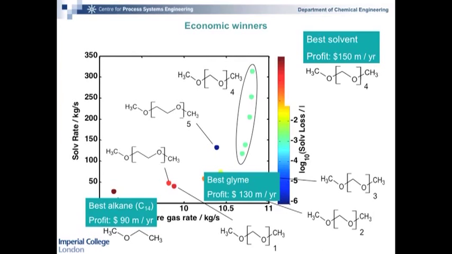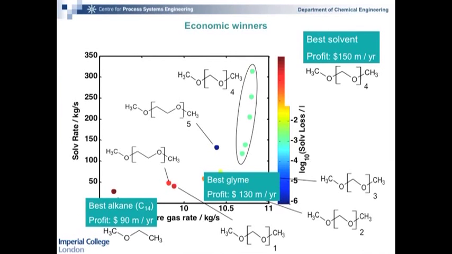Okay, but if we look at it in terms of money and estimate the operating and capital cost on an annual basis for the process, and we designed for the best solvent, if we just restrict ourselves to the alkanes, we find that the best alkane, C14, gives us a profit of $90 million per year. If we go for standard solvents, then the best glyme gives us $130 million per year.